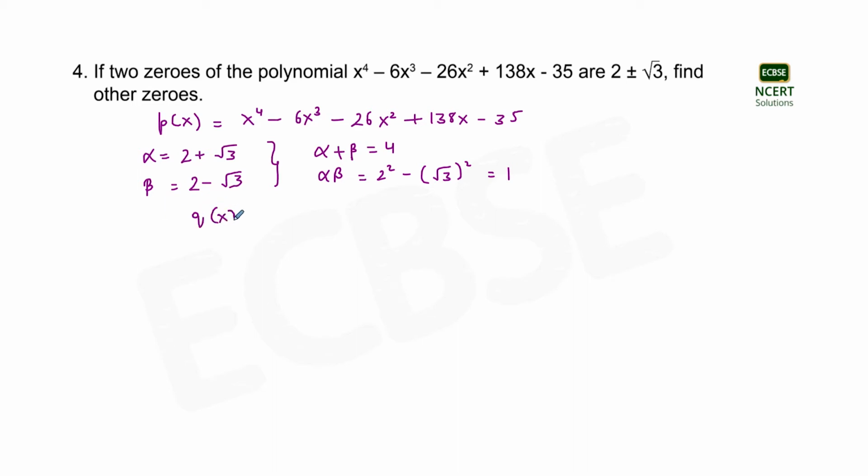So the quadratic polynomial will be x squared, minus the sum of the zeros times x, that is minus 4x, plus the product of the two zeros, so plus 1.